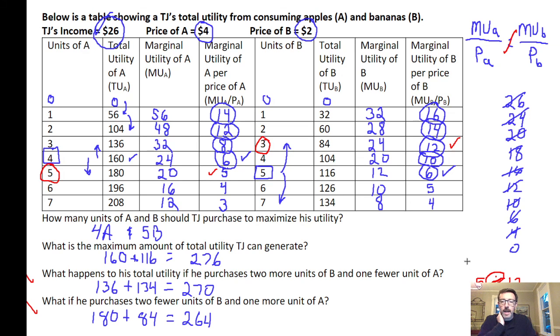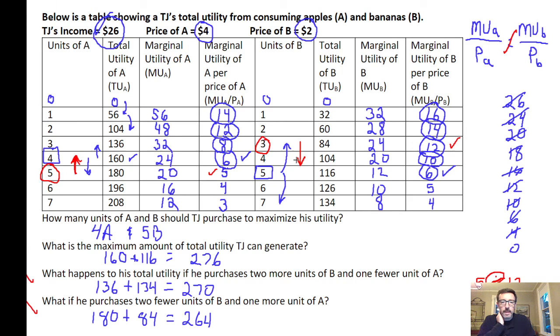So we would want to increase the number of bananas that we're consuming, and then, of course, we would have to decrease the amount of apples, because we wouldn't have enough money for 5 apples if we ate more bananas. So because 12 marginal utils per dollar for bananas is greater than 5 marginal utils per dollar for apples, we want to eat more bananas, moving this way down the banana quantity line here, and we want to eat fewer apples.